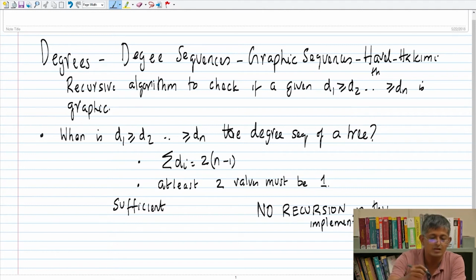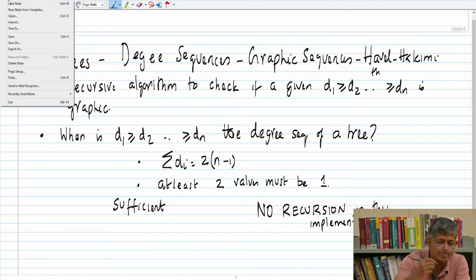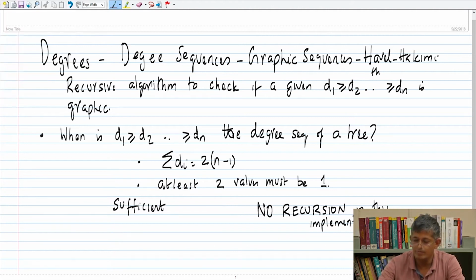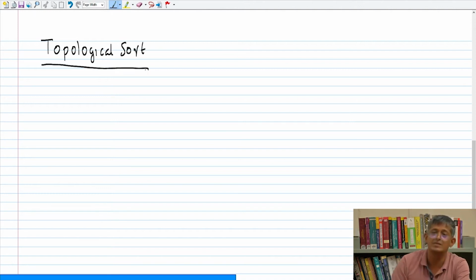Let's go to the next page. So let's recall the topological sort without all the examples from yesterday.